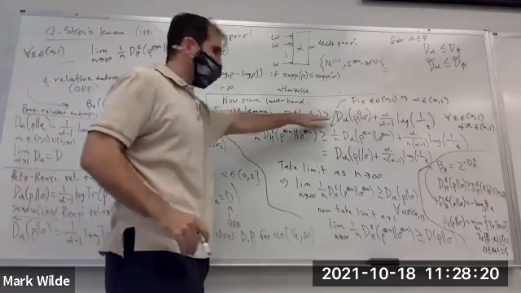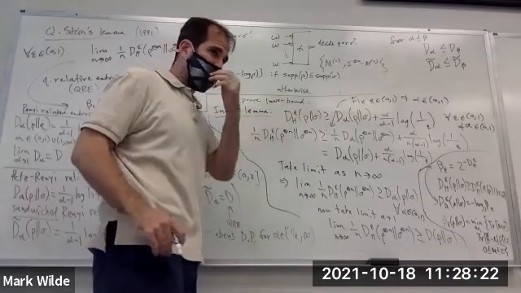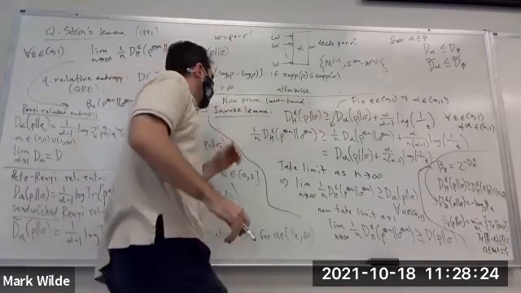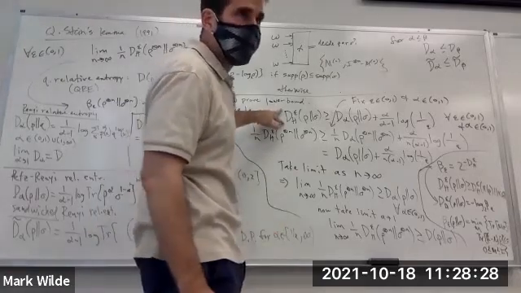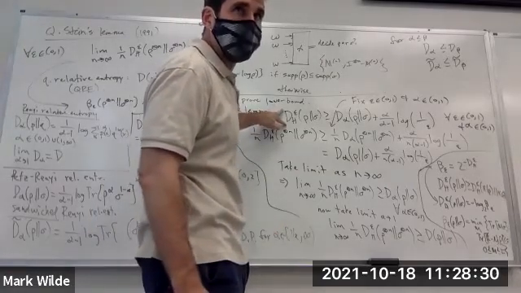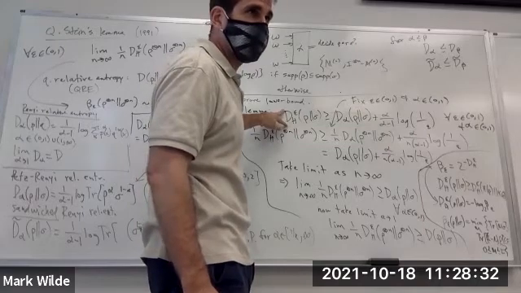So to get this lower bound, you have to devise a measurement that does, in terms of its error exponent, at least as well as the hypothesis testing relative entropy. Okay?